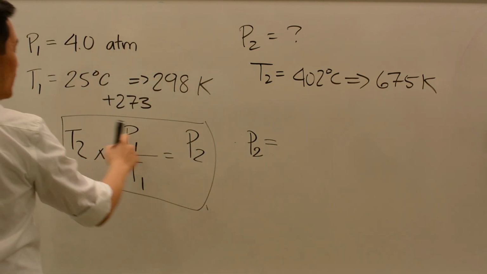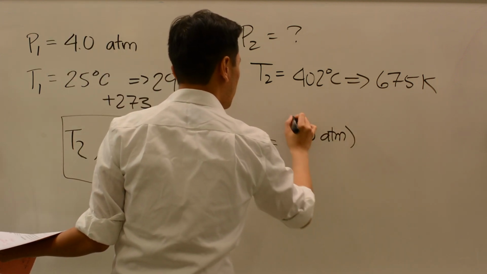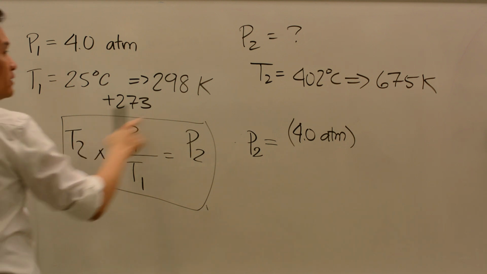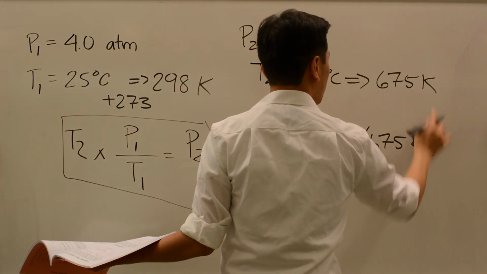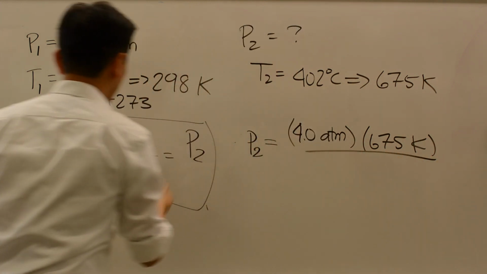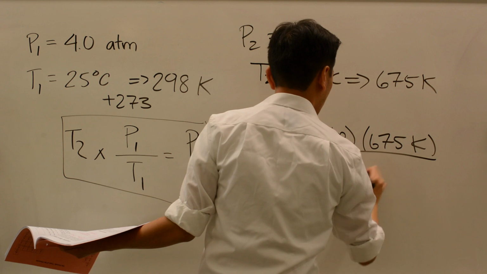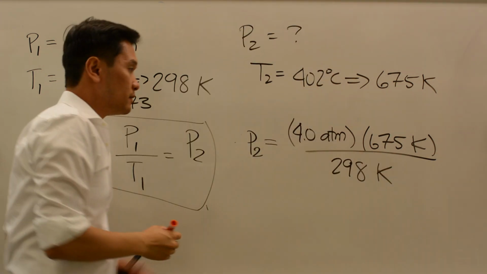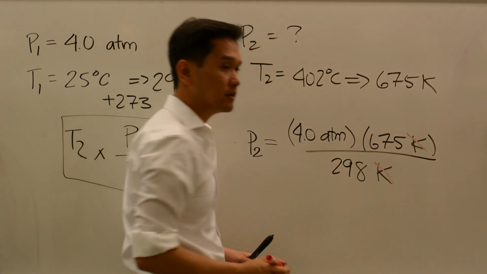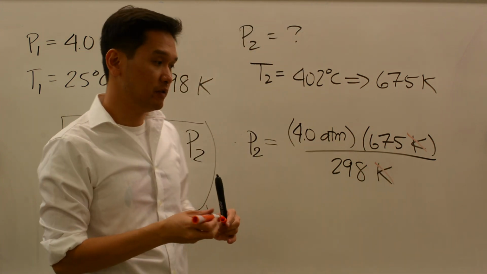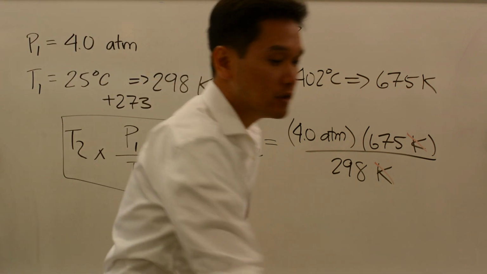P1 is 4.0 atmospheres times T2, 675 Kelvin, divided by T1, 298 Kelvin. Our unit analysis tells us that the Kelvin and Kelvin cancel out, giving our answer in atmospheres, which makes sense because pressure is indeed in atmospheres.